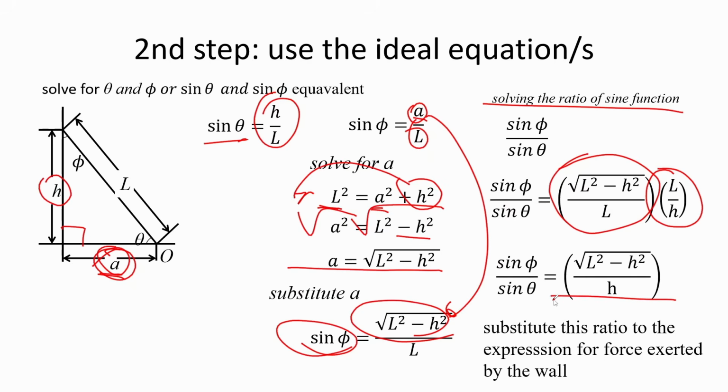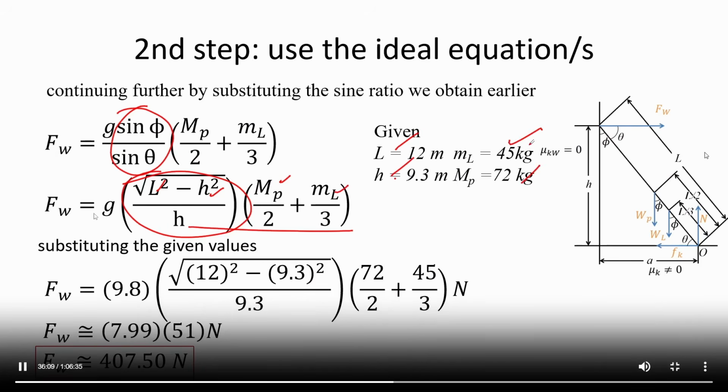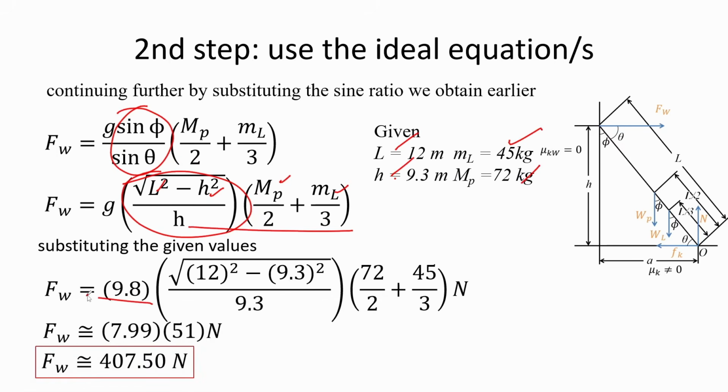We can substitute this into our equation and then substitute the given values: L, H, MP, ML, and of course G, which is 9.8. Doing the necessary calculation gives the force exerted by the wall onto the ladder, which is 407.5 newtons.